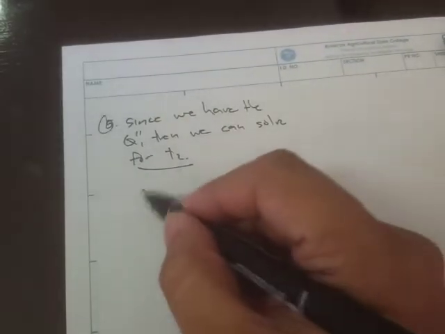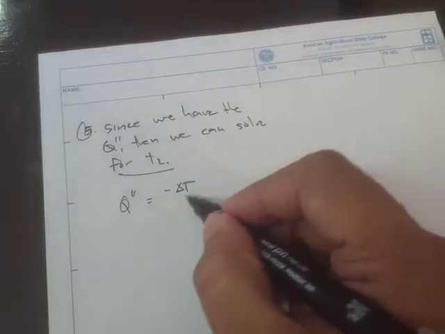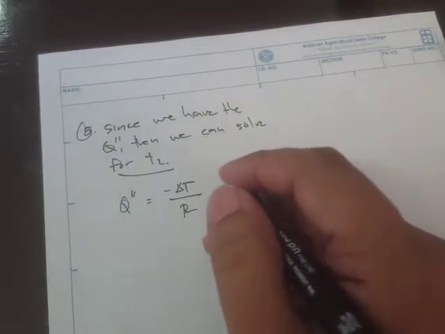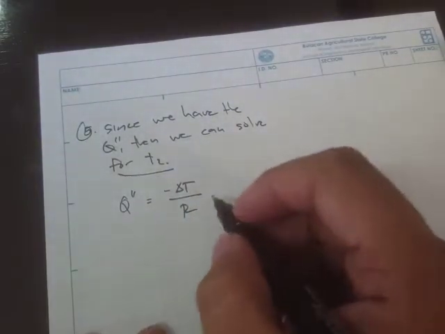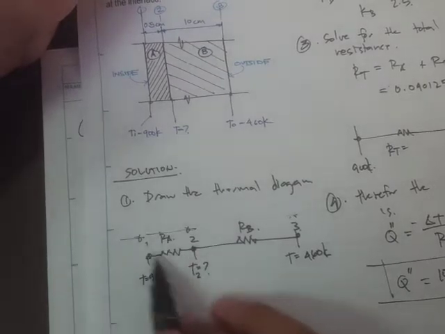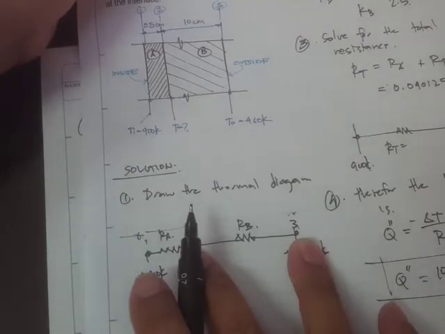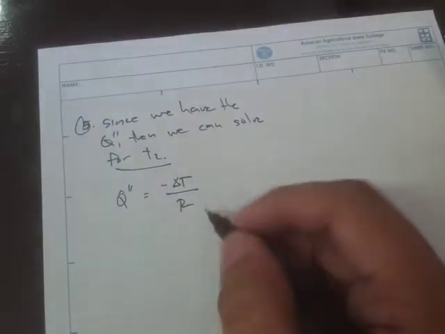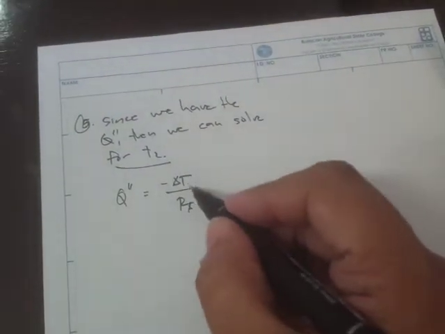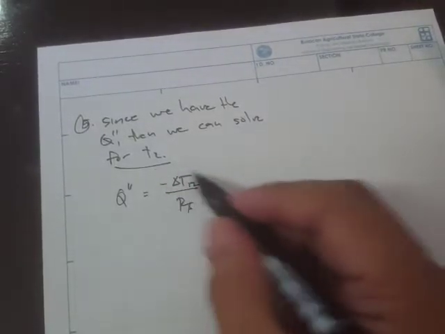So solving for T sub 2, we can use Q flux equal to negative delta T over R. Let's say we'll use R sub A. So the temperature difference between 1 and 2 and this. It's also possible to use this temperature difference and this thermal resistance. Let's label this from 1 to 2, and we are solving for this.